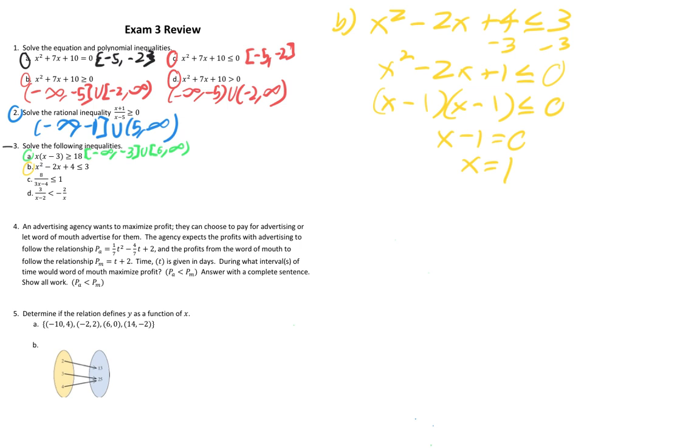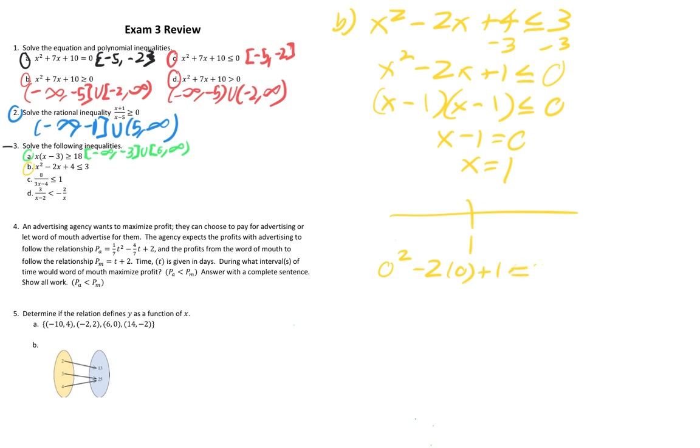So now you want to test that function on either side and see where it's less than. So let's go with plugging in numbers that are less than 1, so like 0, into our function. So 0 squared minus 2 times 0 plus 1 is less than or equal to 0. Well, we want to see if it is or not.